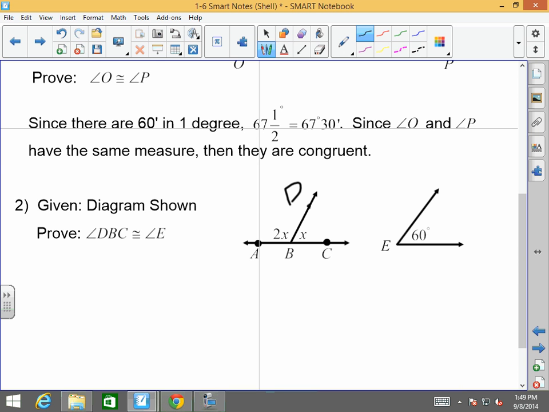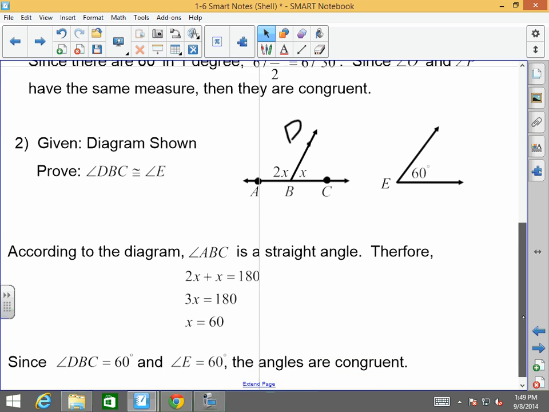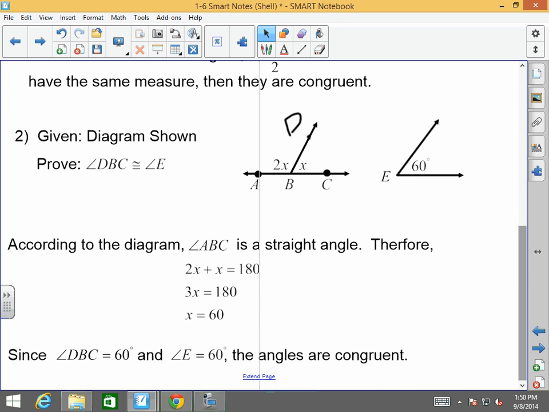That's exactly correct. So if we go ahead and just use that frame of mind, that thought process, that yes, according to the diagram, angle ABC is a straight angle. Therefore, 2x plus x has to equal 180 degrees. Well, 2x plus x is 3x. That equals 180.